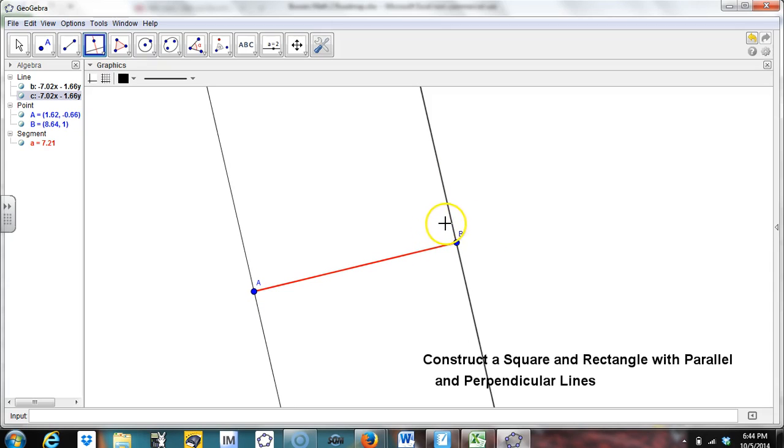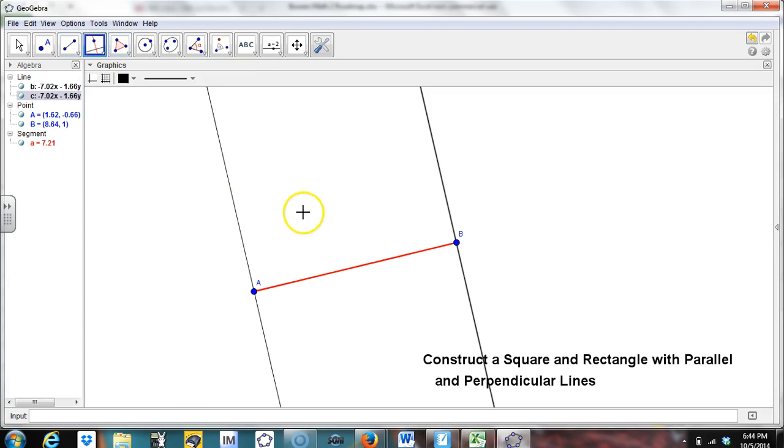Since this angle is 90 degrees and this angle is 90 degrees, doesn't 90 plus 90 equal 180? Therefore, these are same-side interior angles that add up to 180 degrees, so these lines are parallel. This black line and this one are parallel.